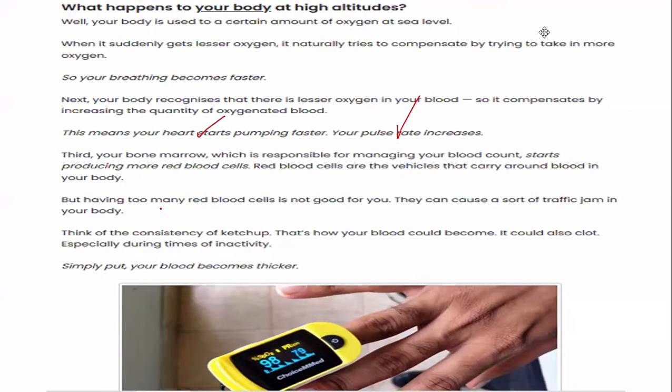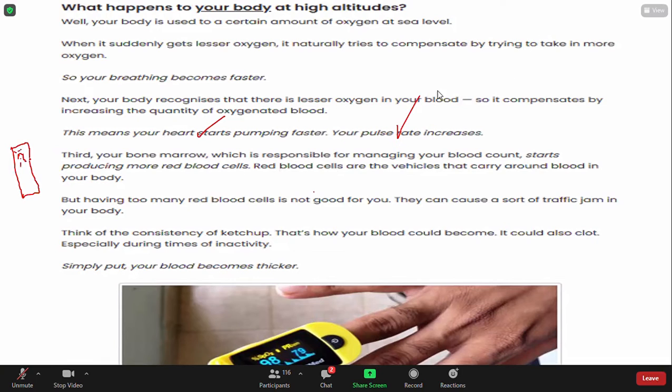But having too many red blood cells is actually not good. They can cause a sort of traffic jam in your body. Diba? What do you call it when, for example, in your capillary, you have too many red blood cells? You call that polycythemia.